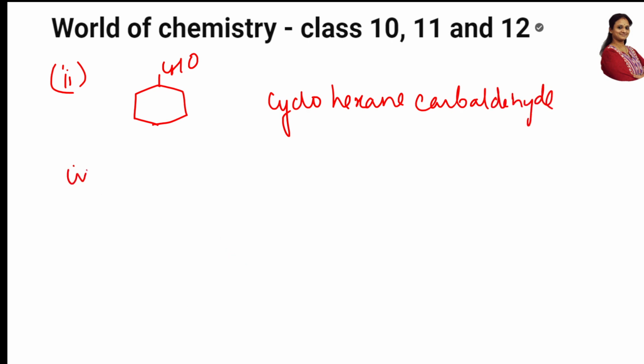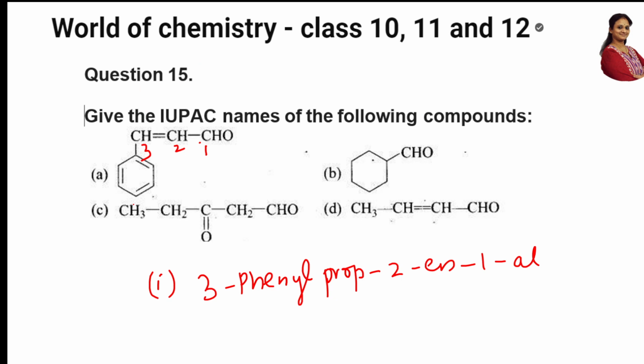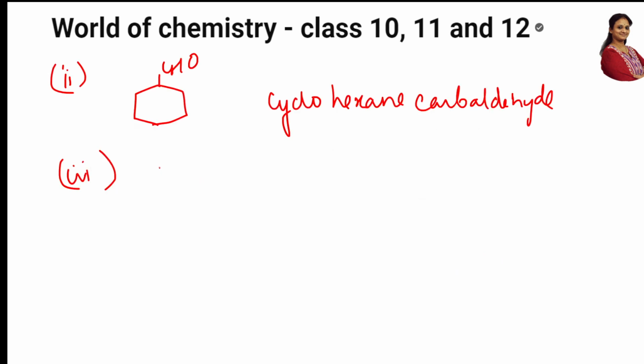Third compound. Let us write the third compound. What do they give me? Oh, this is a carbonyl compound. Okay, third one. Let me erase that. C double bond O, CH2, CH2.